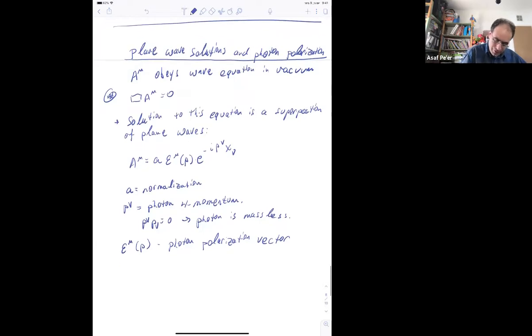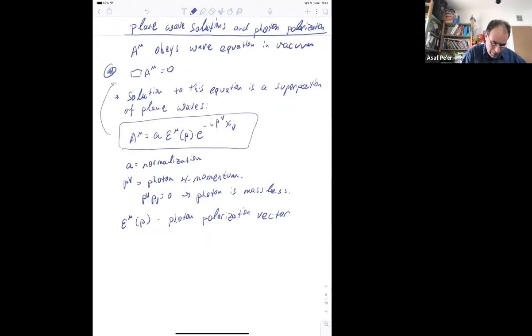So if we take this solution and use it in here, what do we get? The Lambertian is just ∂_α ∂^α A^μ. So ∂_α A^μ is just minus i p_ν δ^ν_α, and then ∂_α A ε^μ is i p_ν x^ν.